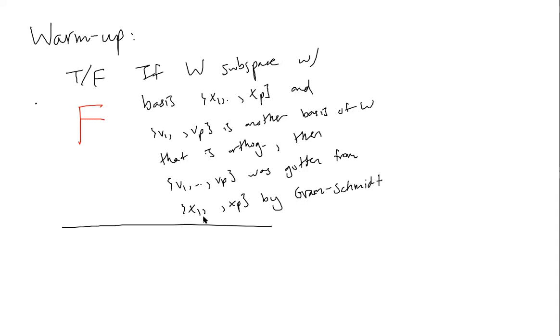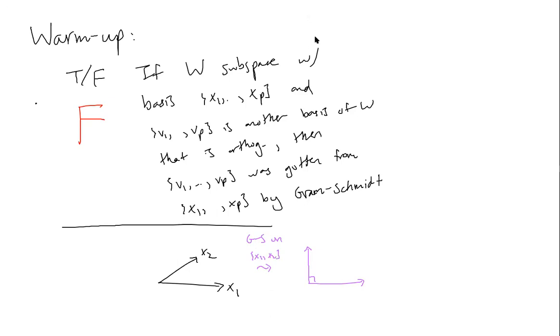In fact, remember, if you do Gram-Schmidt on x1 through xp, it actually depends on the order you choose. If you have two vectors like this, say this is x1 and x2, and you perform Gram-Schmidt on the ordered basis x1, x2, you're going to get an orthogonal basis like this.